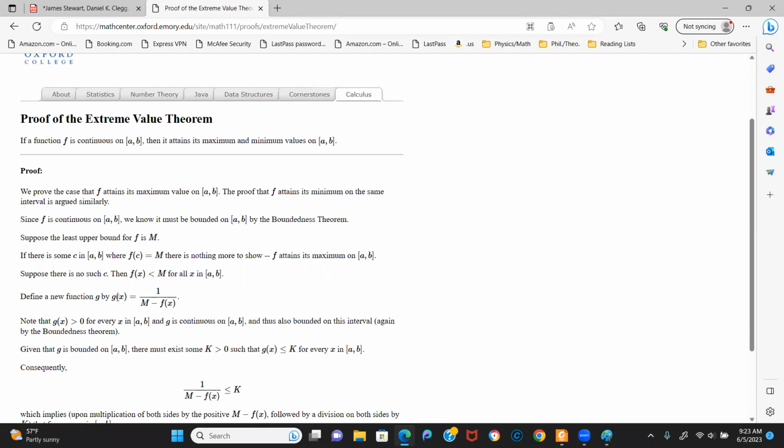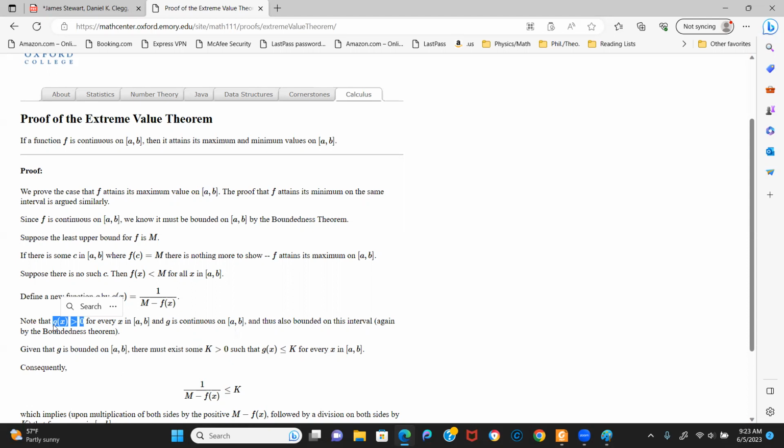So g of x is continuous, so it also has to be bounded. So there exists some positive number, because g of x is positive, so whatever its bound is, it also has to be positive. If you graph g of x, it's going to be above the x-axis.